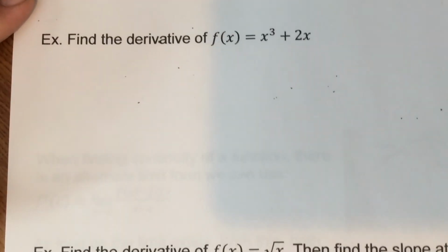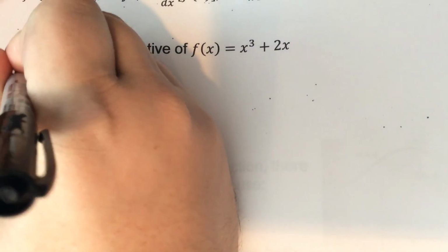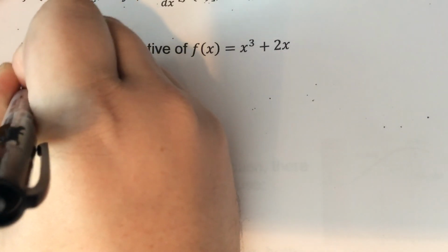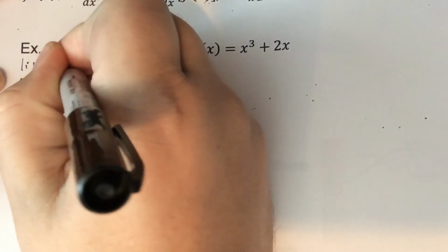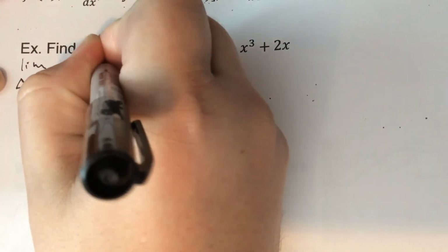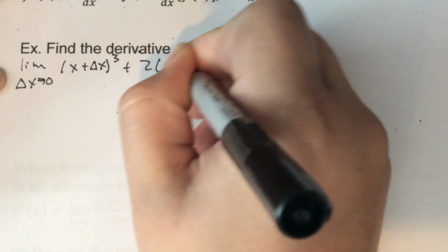and this will be the end of the first part, and then we'll stop the video and take a second part here. But we're still setting it up using that difference quotient. So the limit as change of x goes to 0 of x plus change of x cubed plus 2x plus change of x.